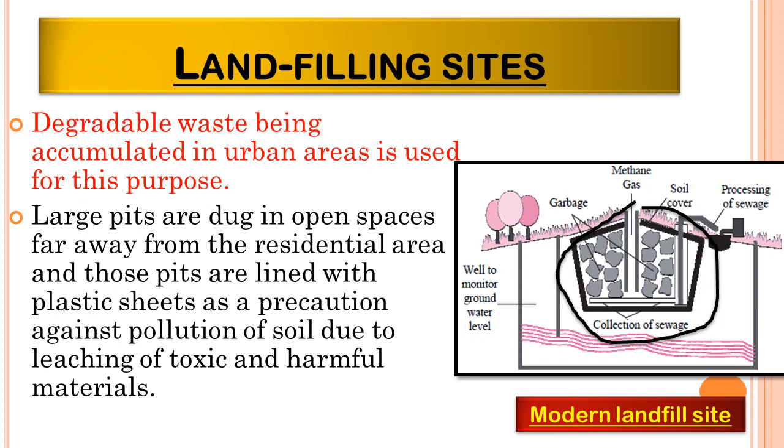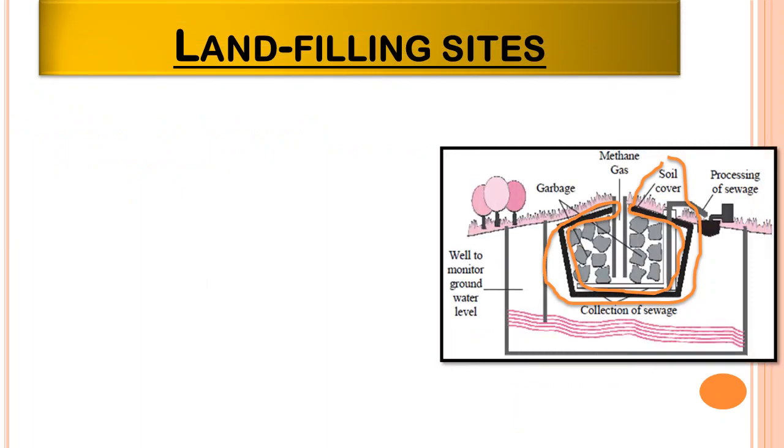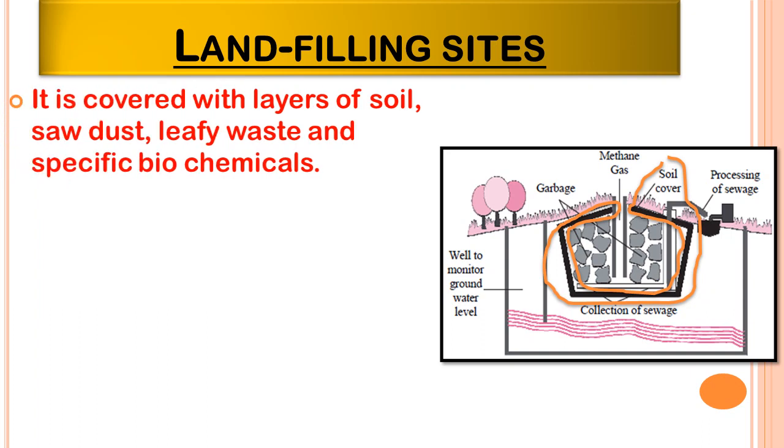Large pits are dug in open spaces far away from the residential area, and those pits are lined with plastic sheets as a precaution against pollution of soil due to leaching of toxic and harmful materials. And compressed waste is dumped in the pit. It is covered with a layer of soil, sawdust, leafy waste and specific biochemicals.